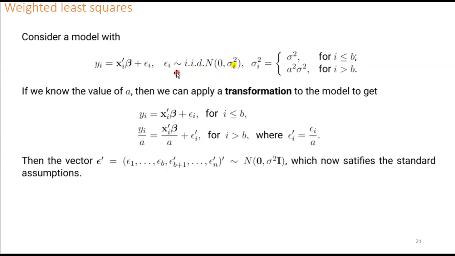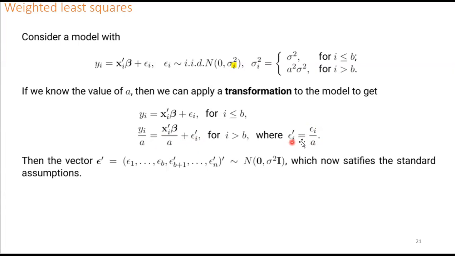So how can we deal with that? Well, we can think about this by applying some transformation. For i less than or equal to B, the variance is sigma squared. Now, for all other observations, i bigger than B, if we pre-multiply left and right hand side by 1 over A, our new error term is like this.